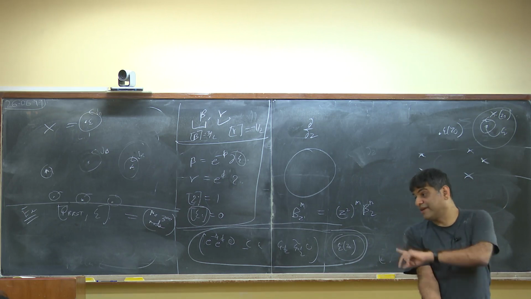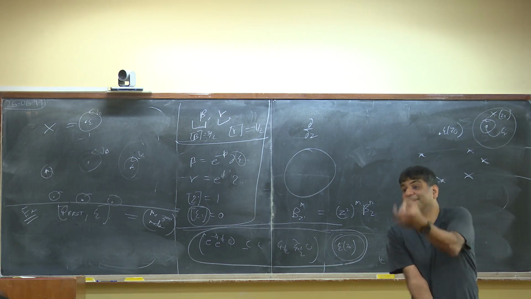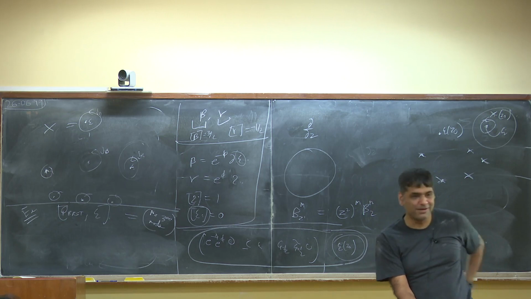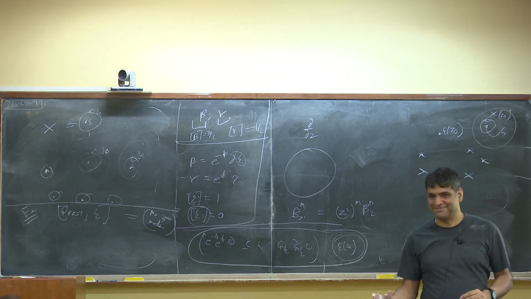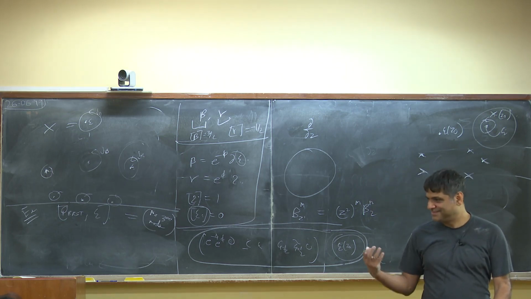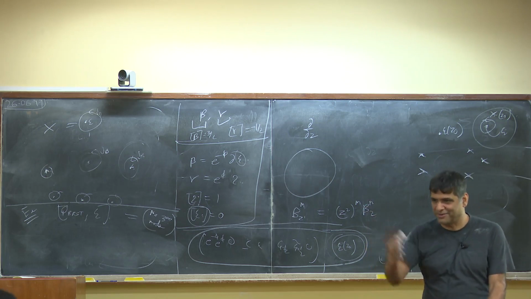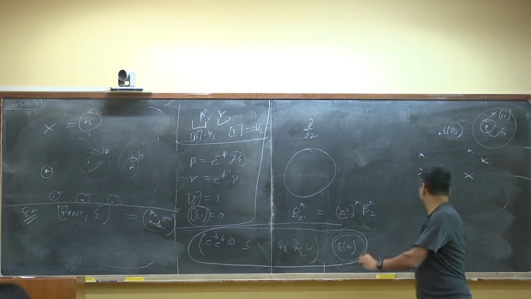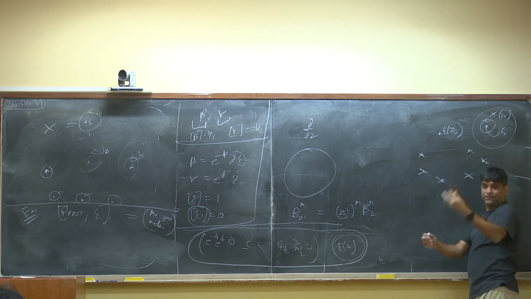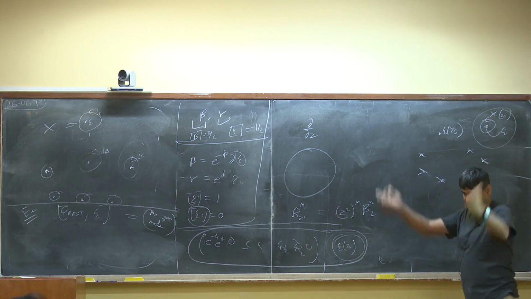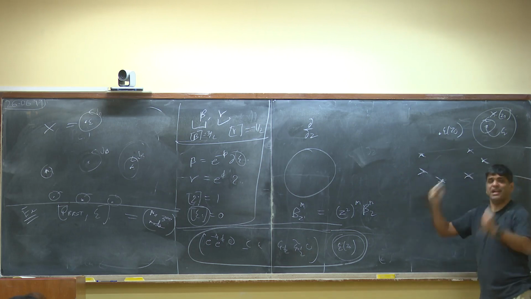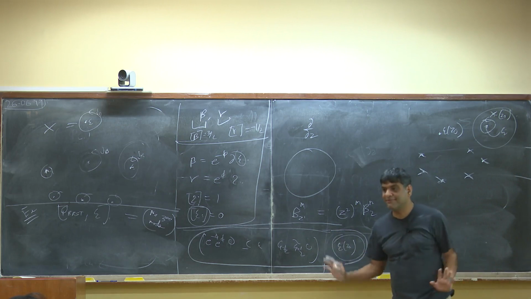BRST invariance of vertex operators worked only after integration. The BRST transformation of them was not 0, but was a total derivative. You might remember how that worked out, or you can remind yourself of that. But the primary operator, the one right at the bottom of the Verma module, is by itself genuinely BRST invariant as an operator.